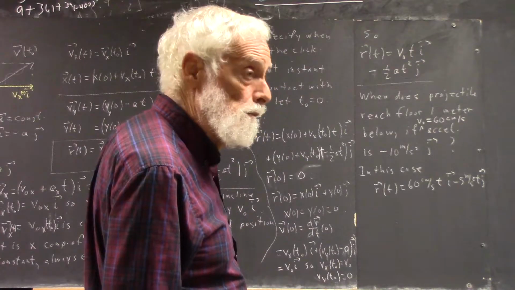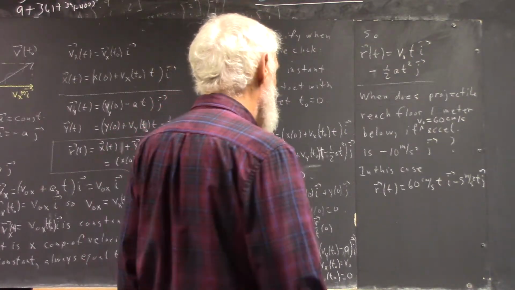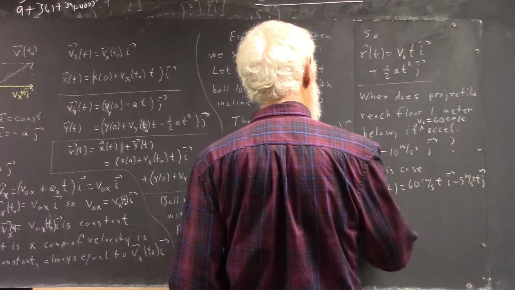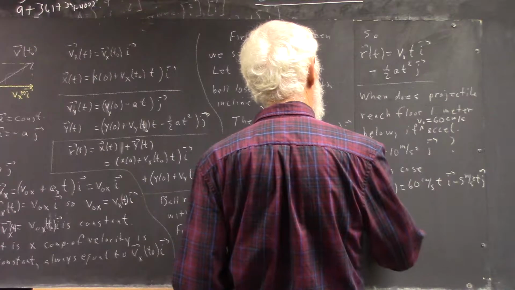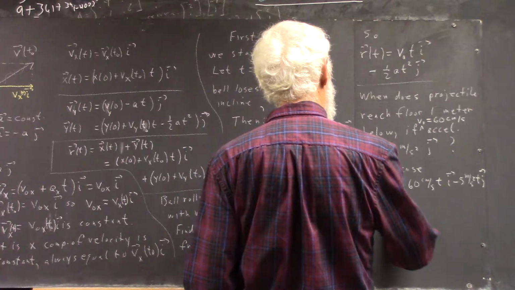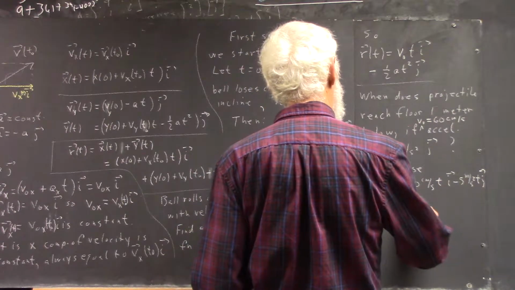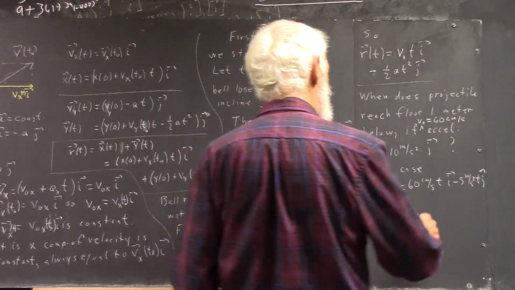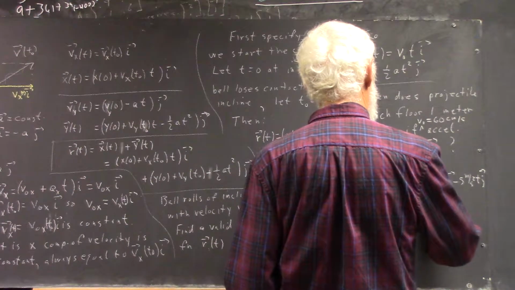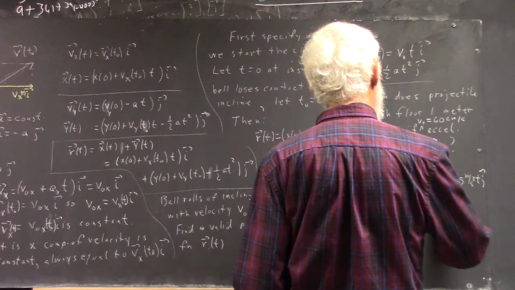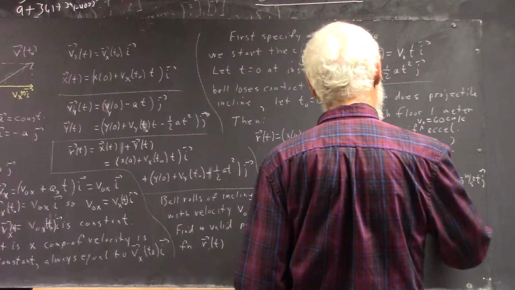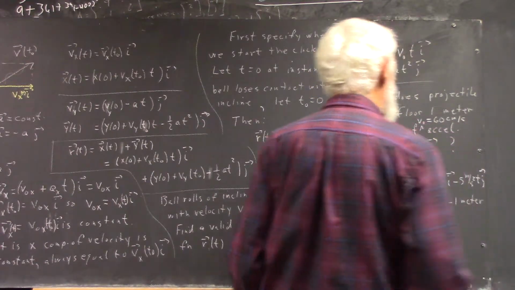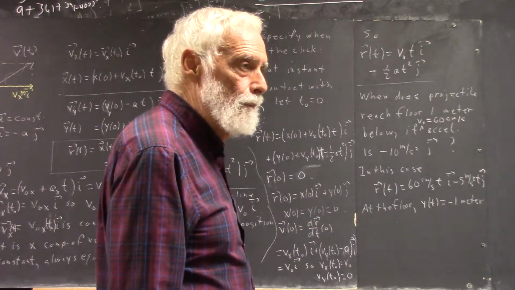Now, at the floor, Y of t is negative 1 meter, isn't it?